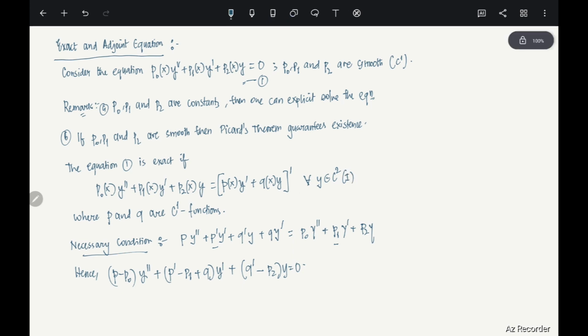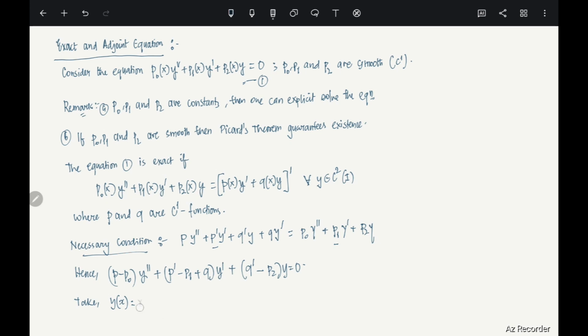Yes. So you see, now take y of x to be, let's say, x, then y prime is equal to 1 and y double prime is 0. Maybe I can take y to be 1 first of all.